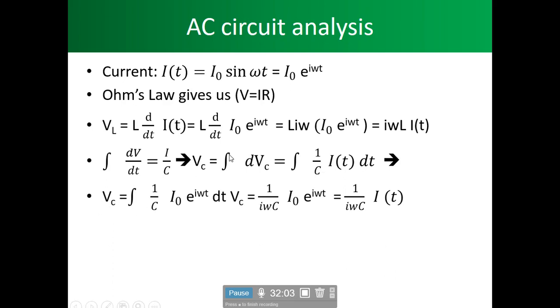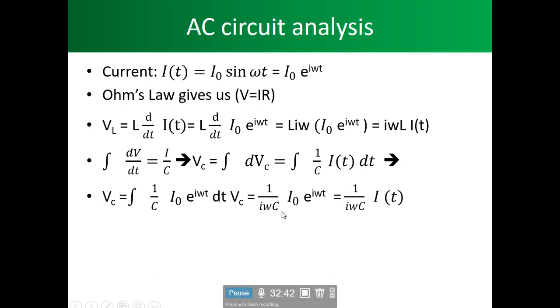The V(t): we took the integral of this derivative, and it gives us V_C, and we've taken the integral of 1 over C of this particular I, which is I naught, the initial current, times e raised to the j omega t, dt. There should be a bracket here separating this, and an equal sign here. Overlooked.